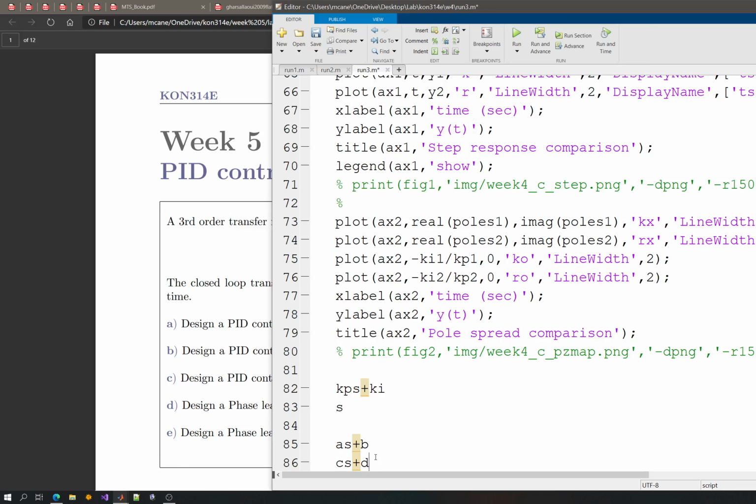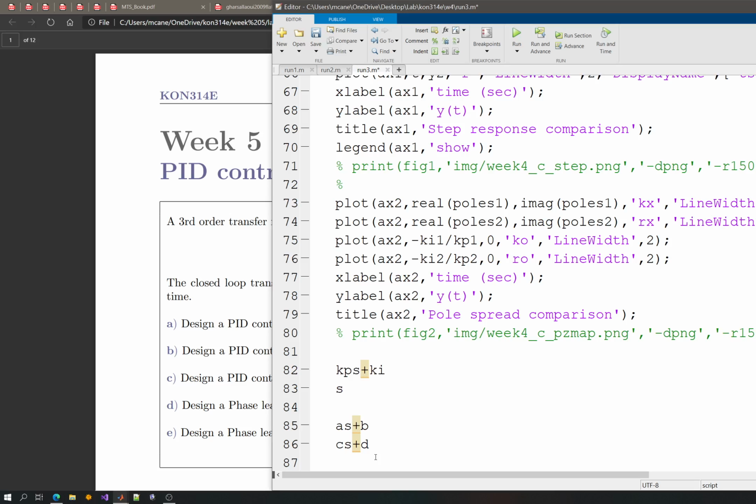The term phase lead or phase lag comes from the fact that this controller has just one pole and one zero. If the pole or the zero is closer to the origin, then the system has a phase degree, which is a term that comes from the frequency domain. You can just calculate the angle contribution here, and it will be positive or negative, and that will determine if it's a phase lead or phase lag controller. This is also used in the root locus approach.